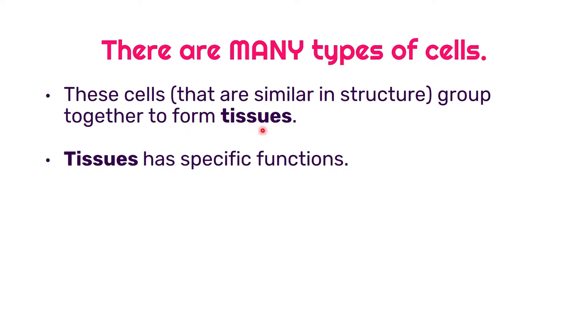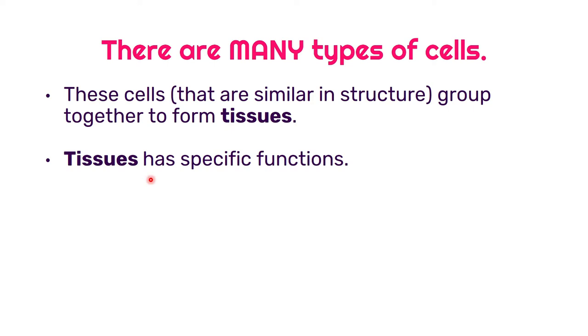Because if one cell alone functions, I think it is not fully effective to do its job. So, it needs to group together to perform its function effectively. Cells of the same type group together to form tissues.